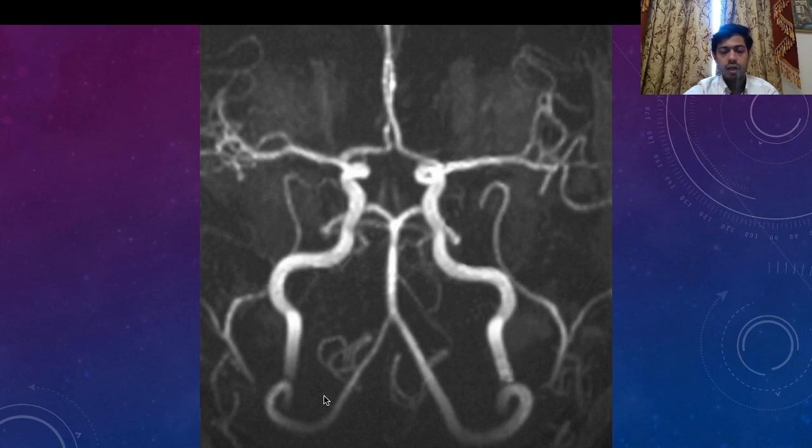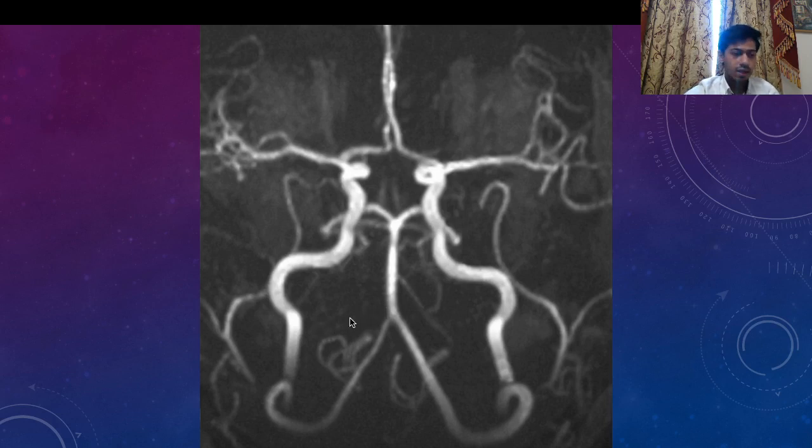This here is your vertebral artery, I think, and then this is your basilar artery. You can't see the internal carotid very well, which is why this looks very big. So this must be the vertebral artery, and we know that the basilar artery here will give off the posterior inferior cerebellar artery, the PICA.